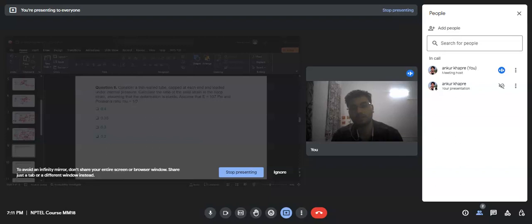Okay. What about this side? This won't be axial, this will be circumferential stress.